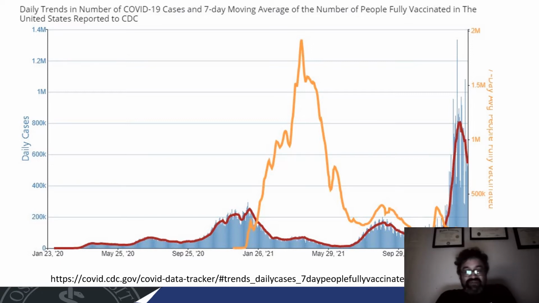So the 7-day average of people fully vaccinated increased and then dropped down after May of 2021 and into September, and then increased. So this is showing the different prevalence rates as it pertains to the moving average.